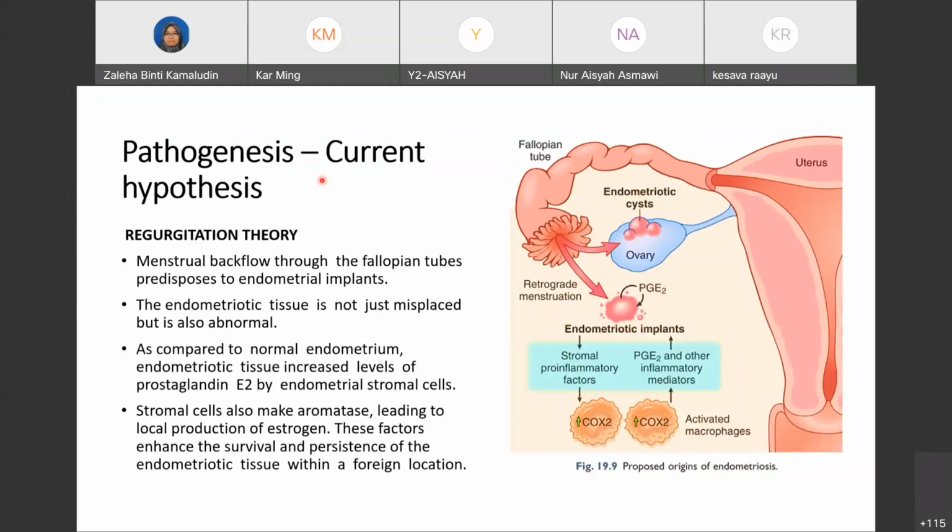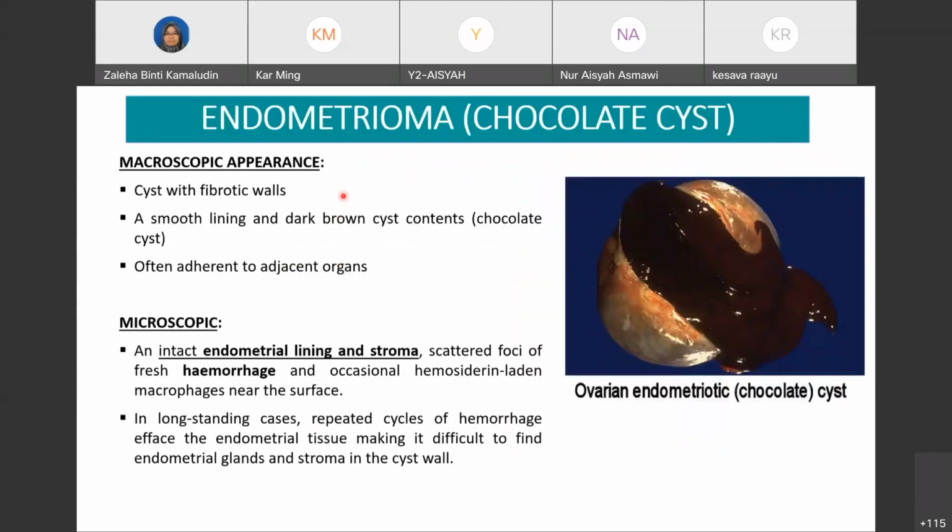This is the pathogenesis of endometriosis. You can read this after the class, on how prostaglandin E2 causes the symptoms in the patient. This is the microscopic and gross appearance of the endometrioma, also known as the chocolate cyst. This is actually an enlarged ovarian cyst.